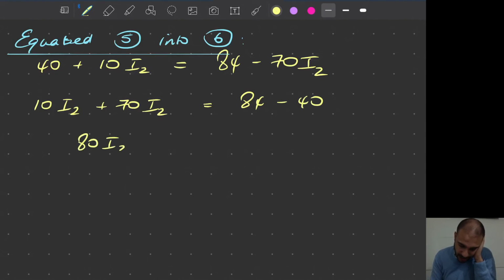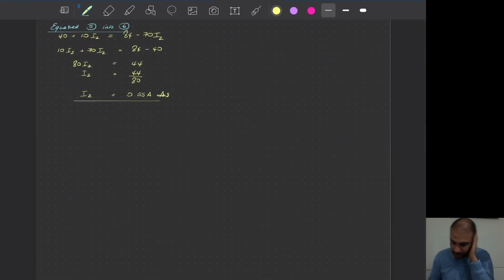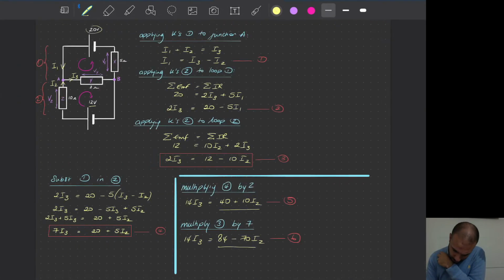So this is 80i2 is equal to 84 minus 40, which is 44. So i2 is equal to 44 divided by 80, which is 11 over 20, that's 0.55 amps. And there we have our first answer. Hopefully it is correct, hopefully no mistake along the way.